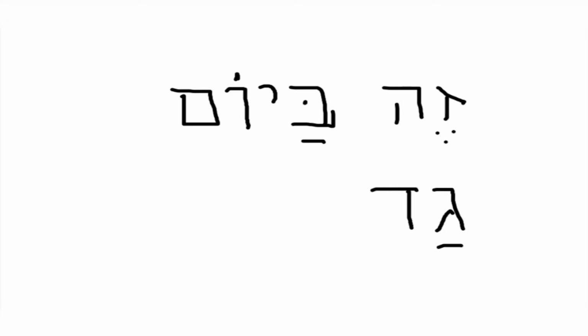Okay, next word. Write for me a kaf. Simple kaf. Dotted letter. And now write for me a holem next to that. And now write for me a samech.